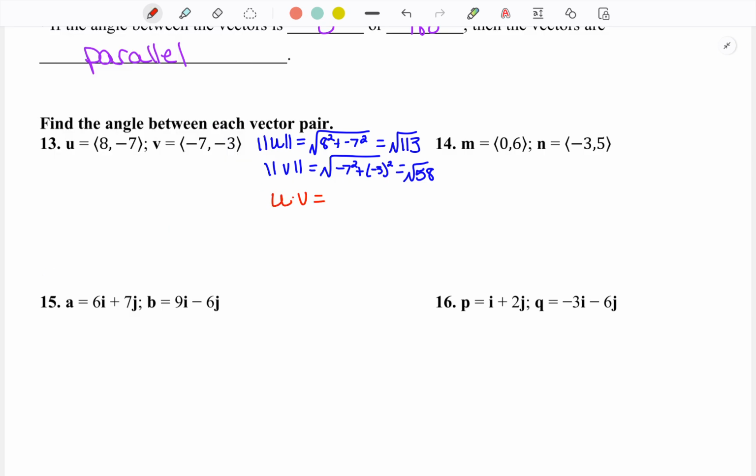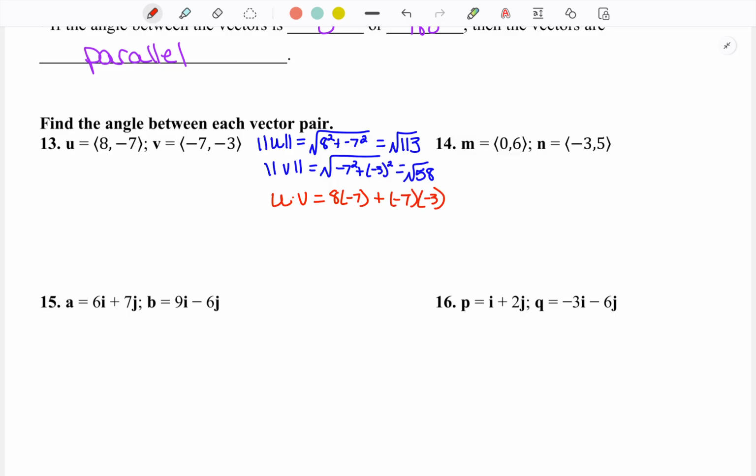Now there's times that you can put this all together, but the first time out I don't really suggest it. I'll show you kind of what that looks like when we get started on the next one. So our dot product of u times v, that's going to be 8 times -7 plus -7 times -3.